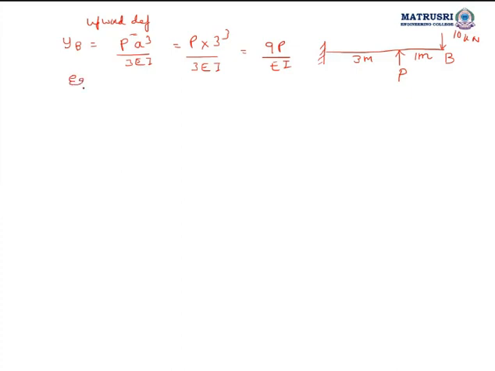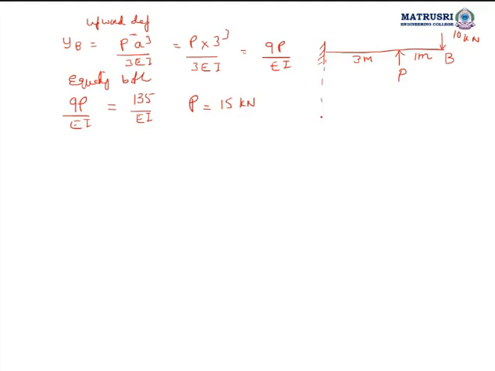Equating both, what will you get here? 9P by EI is equal to what we got previously, 135 by EI. You will get the value of P. P is equal to 15 kilonewton.